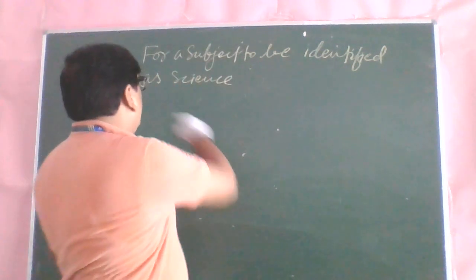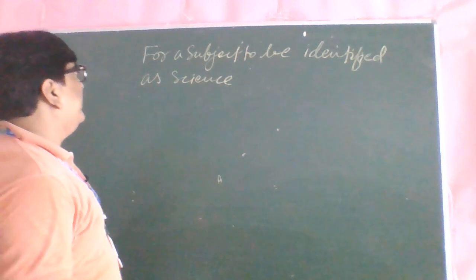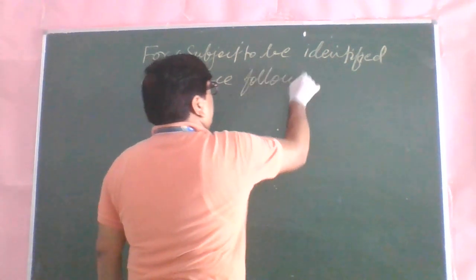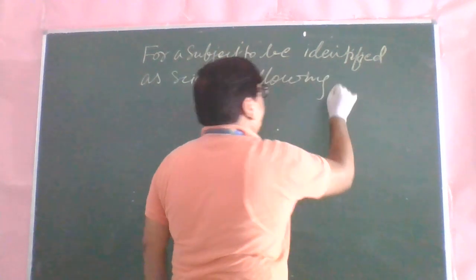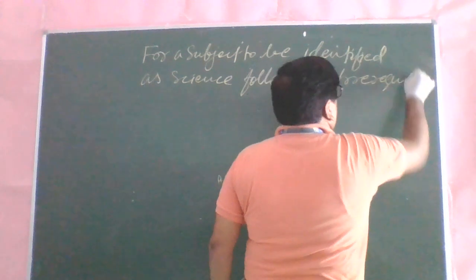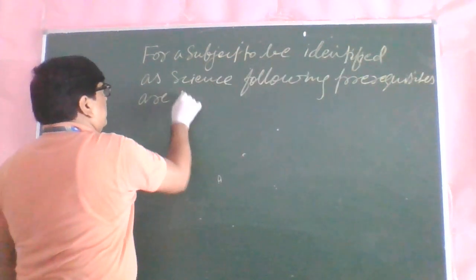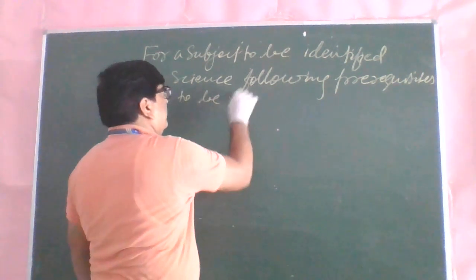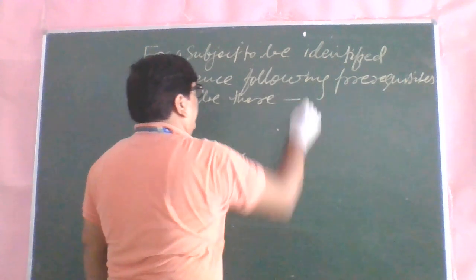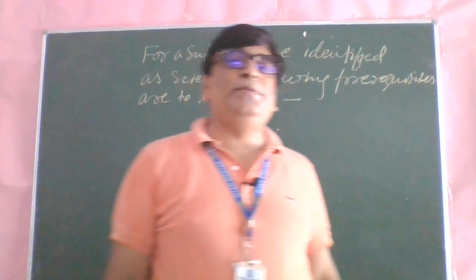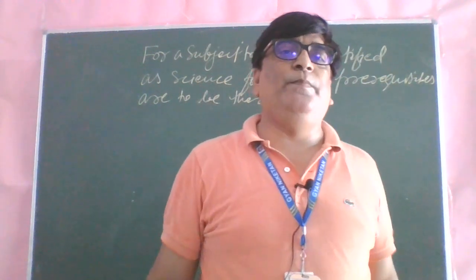For a subject to be identified as science, the following prerequisites are to be there. What is needed? If you say a subject is science, then what is needed?